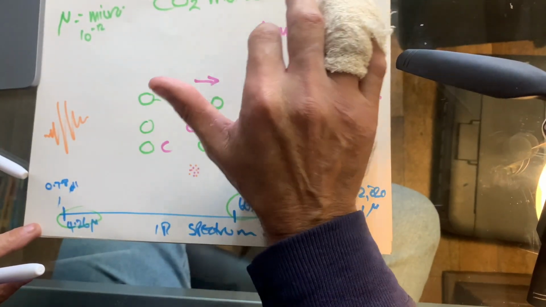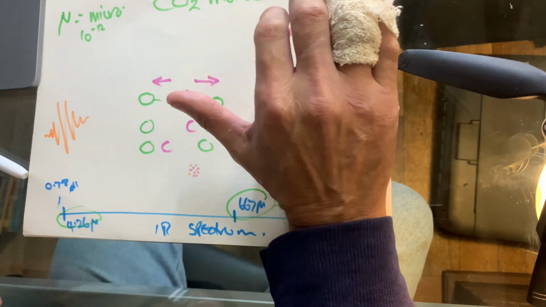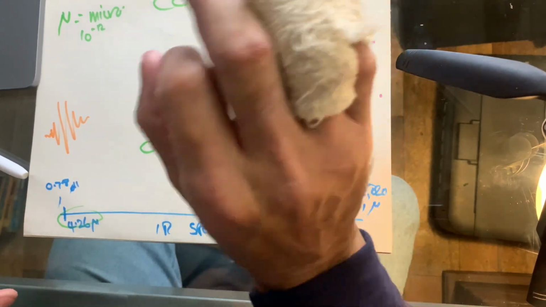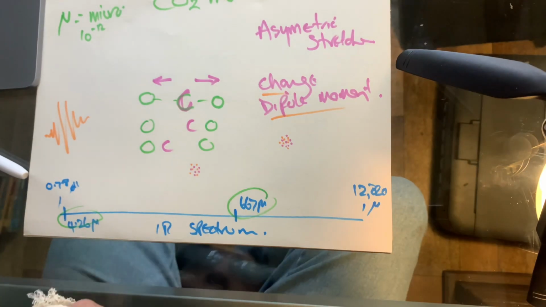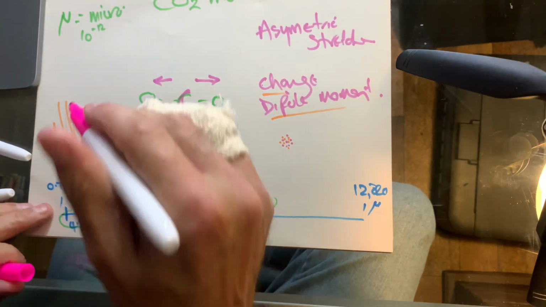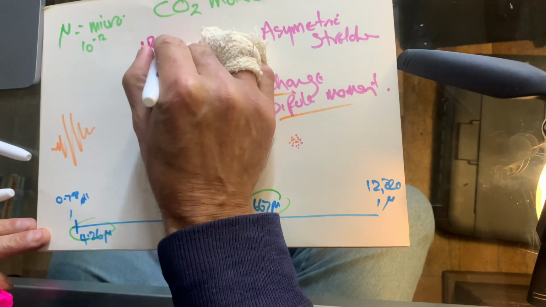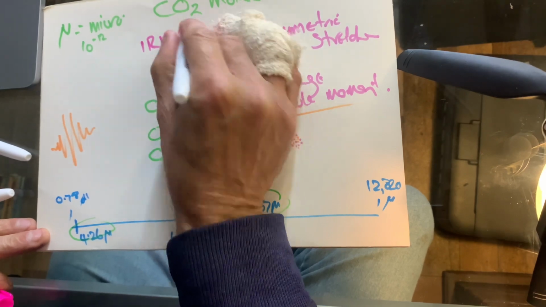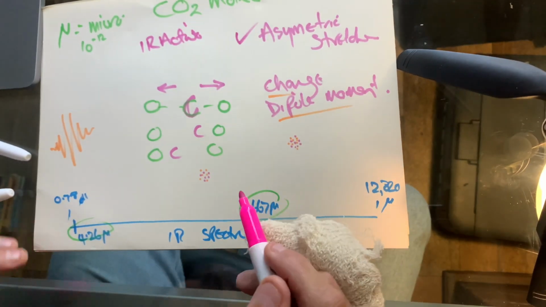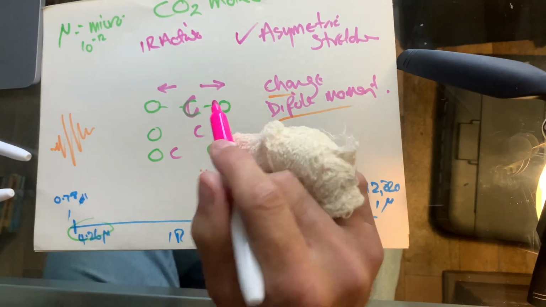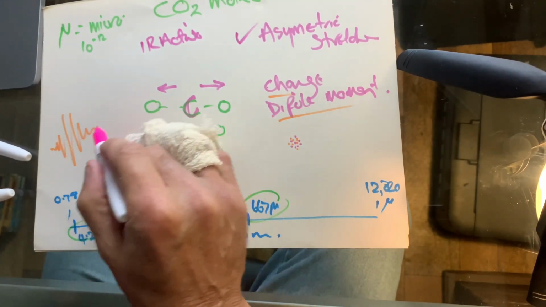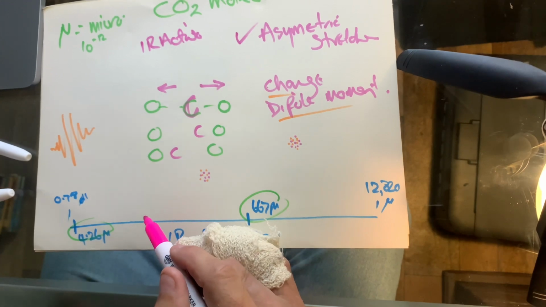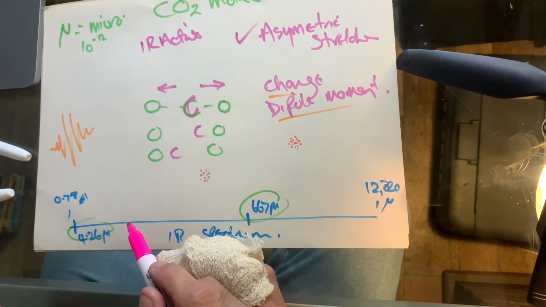But symmetric stretching is not IR active. So let's have this term, IR active. Asymmetric stretching is IR active, which means it is activated by the presence of infrared photons.